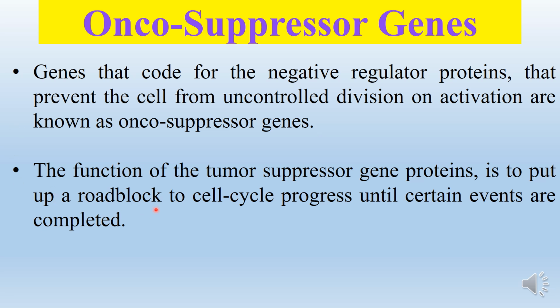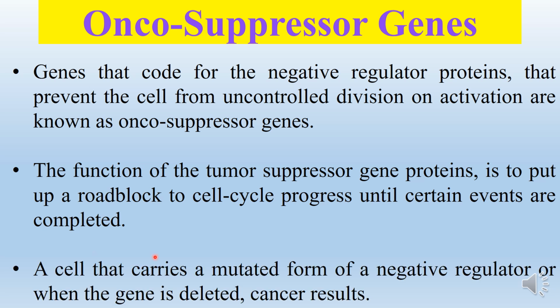The function of the tumor suppressor gene protein is to put a roadblock to cell cycle progress until certain events are completed. So these tumor suppressor gene proteins do not allow the cell cycle to progress until certain criteria are met. A cell that carries a mutated form of these tumor suppressor proteins or negative regulators, or if the gene of these proteins is deleted, it results in cancer.